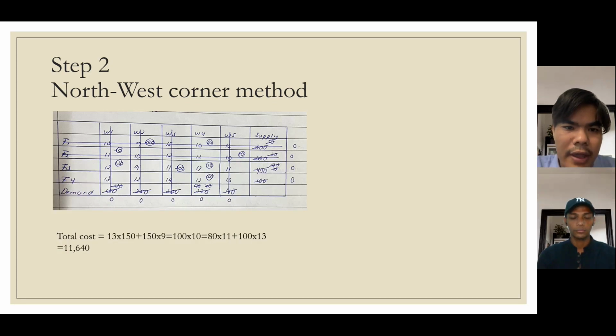For all the costs, we have to multiply each one: 13 multiplied by 150, plus 150 multiplied by 9, 100 multiplied by 10, 80 multiplied by 11, and 100 multiplied by 13, and the answer is 11,640. That's the answer for step 2, and we proceed to step 3.